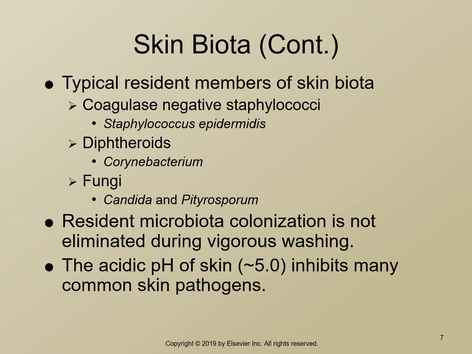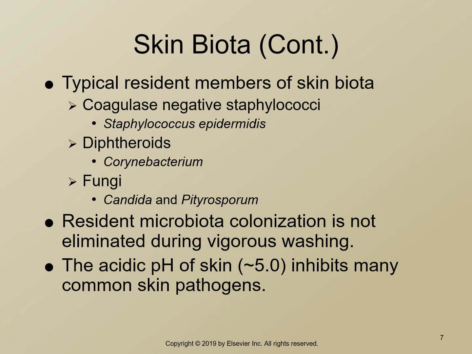Important members of the skin normal flora that can commonly act as agents of skin infection include gram-positive cocci, in particular Staphylococci and Streptococci. Coagulase-negative staph, such as Staphylococcus epidermidis, are permanent skin residents, whereas Staphylococcus aureus, which is coagulase positive, is a transient colonizer.